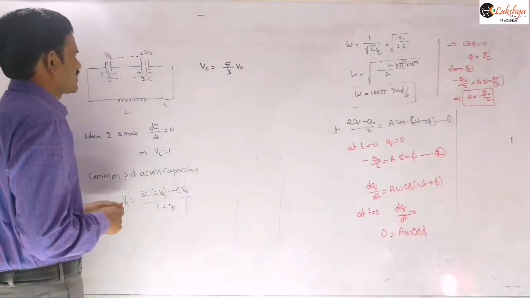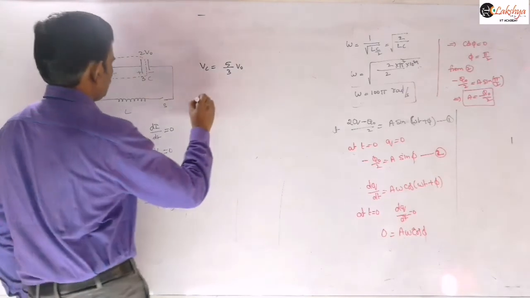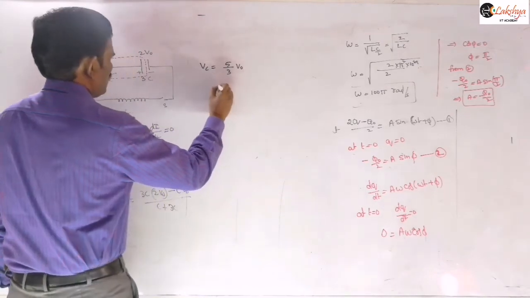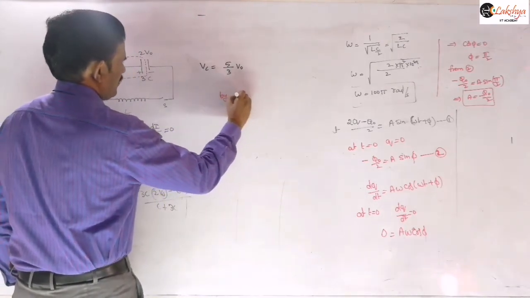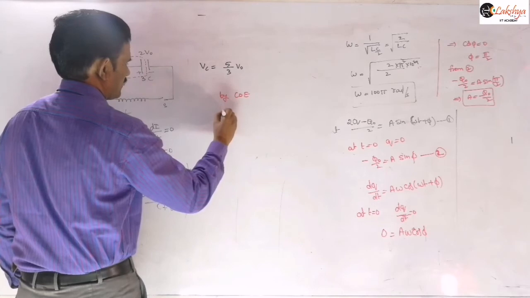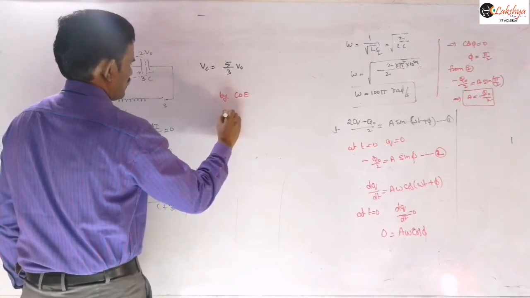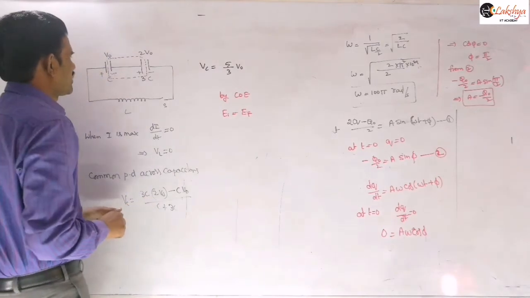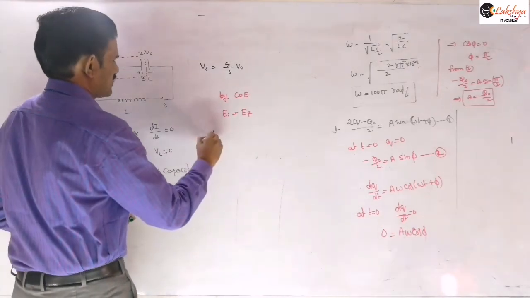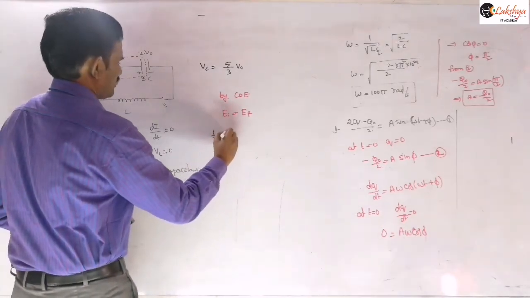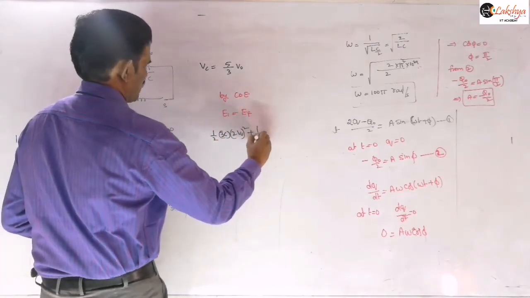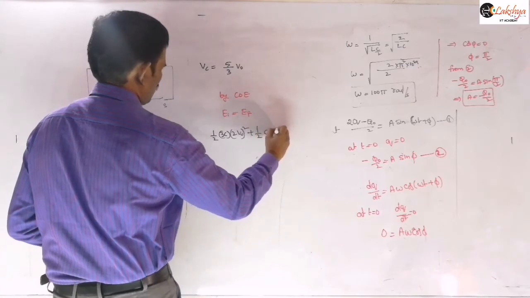So by conservation of energy, initial energy is equal to final energy, we can write. Initial energy is half into 3C into 2V0 whole square plus half into C into V0 square.